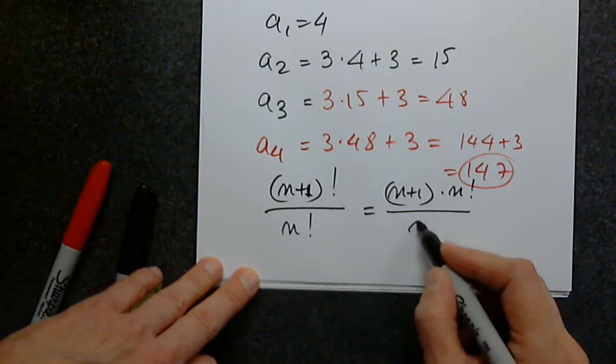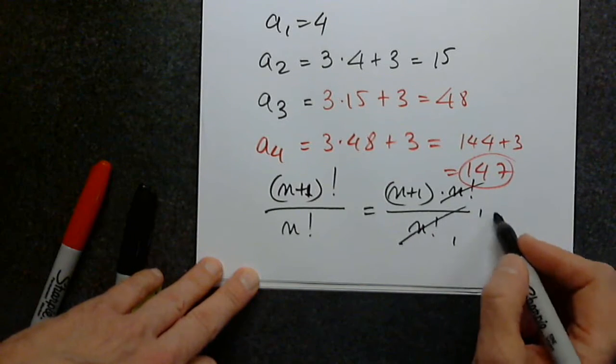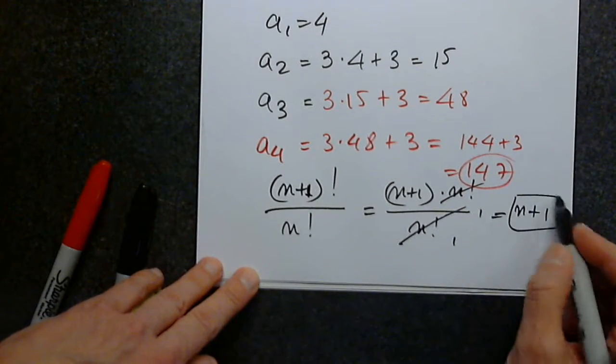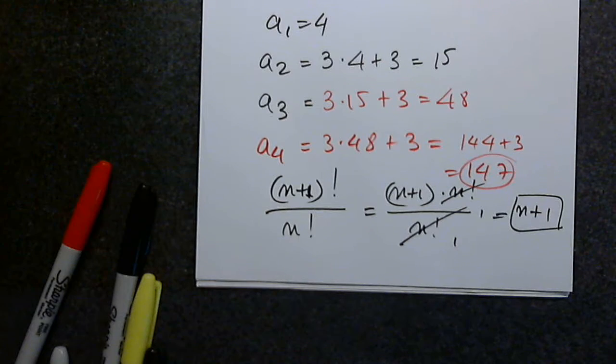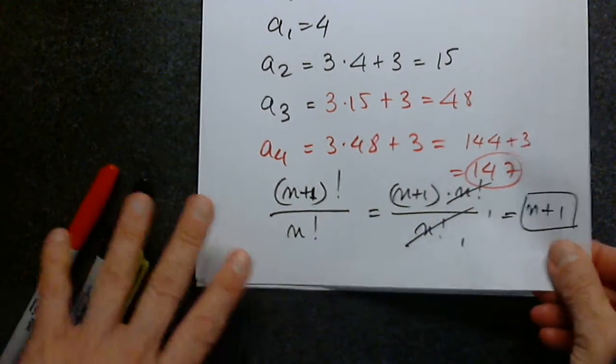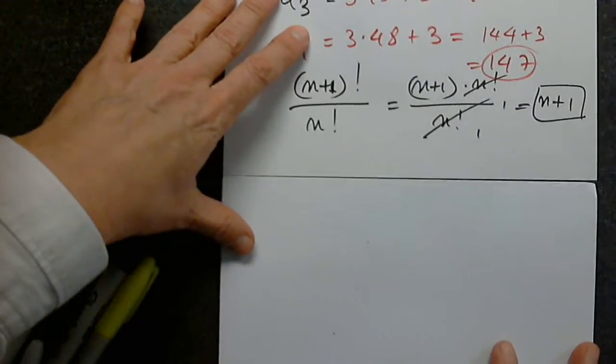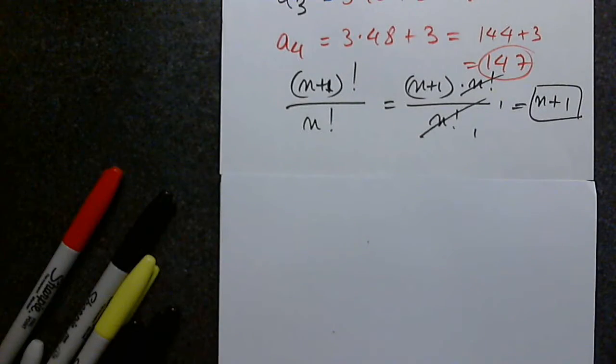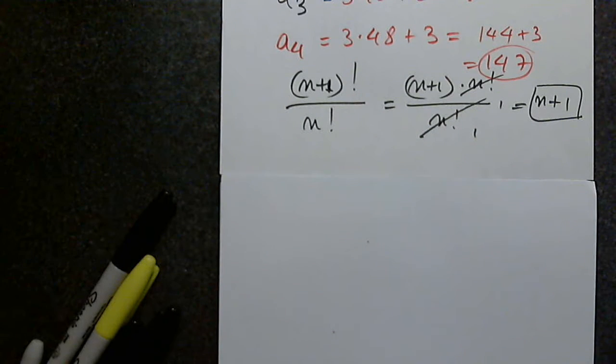That's it. n factorial cancels, so this is n plus 1. You realize that we cannot do this with the graphing calculator. Or it will just give us an error if we try. You can't plug in n. Okay, last one.